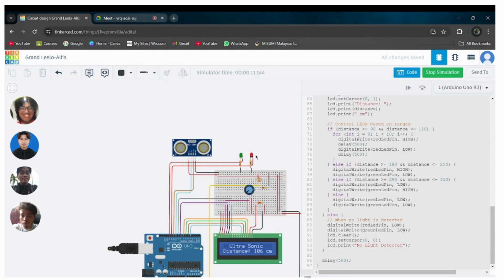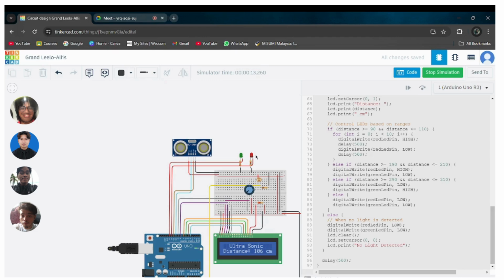For the LED indicator, based on the distance measured, the system will control the two LEDs, which are red and green. First, if the distance is between 90 until 110 cm, the red LED will flash 10 times.